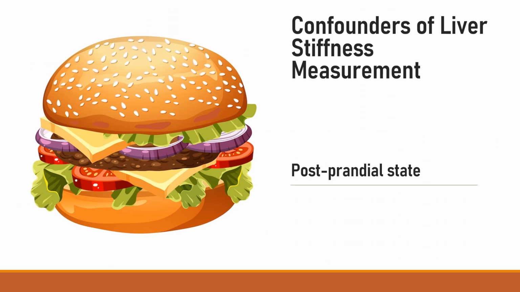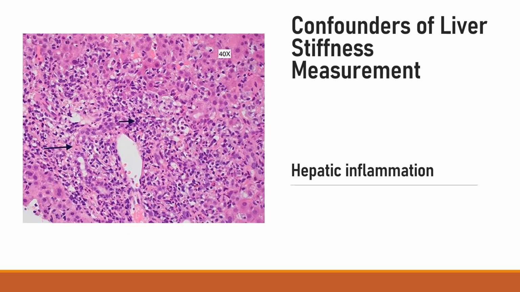Now, for the confounding factors that may falsely elevate liver stiffness, first we have a postprandial state which increases blood flow to the liver, so patients should be instructed to fast for 3 hours before the test. A high necroinflammatory state in the liver can significantly raise liver stiffness, so patients with moderate hepatitis, as defined by an ALT over 200 or 300, are unlikely to get an accurate estimate of underlying fibrosis, so these patients should be biopsied.